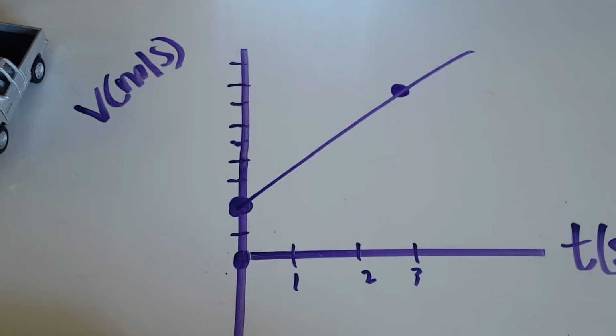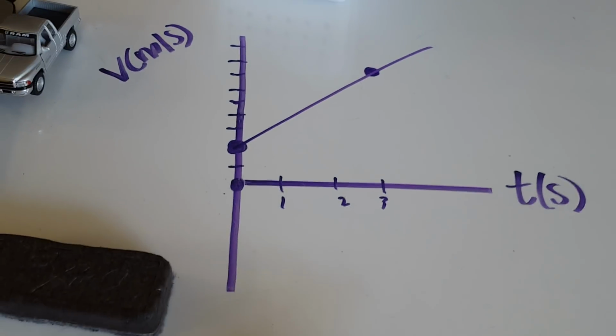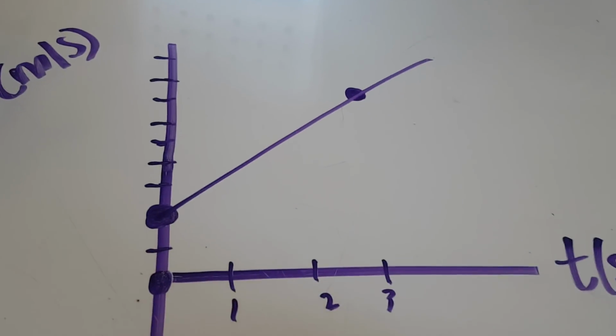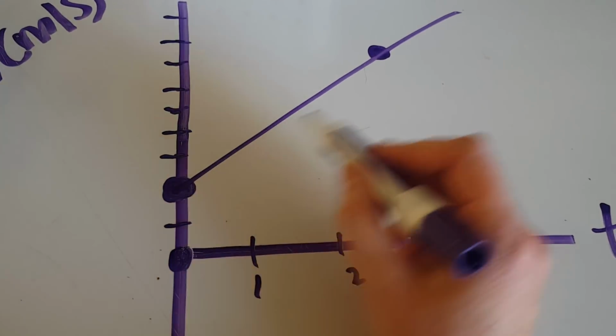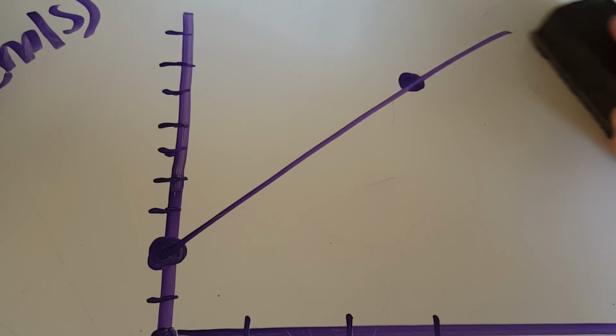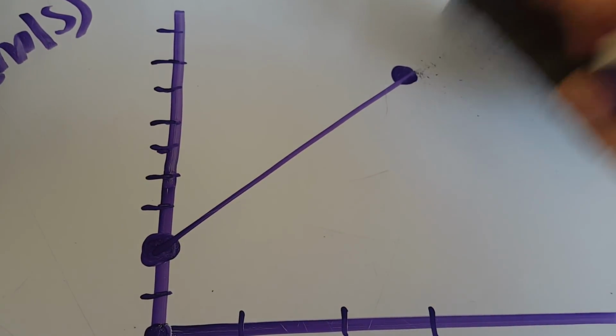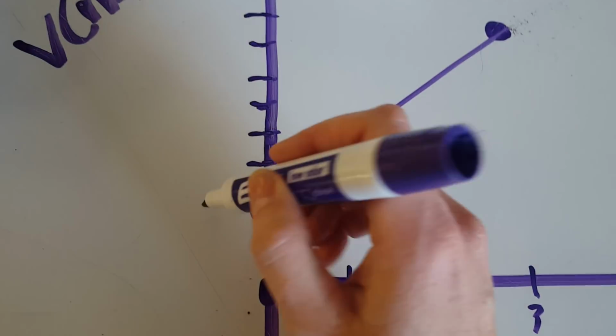All right. So this is what this scenario looks like. My truck took 3 seconds to go from positive 2 meters per second to a positive 8 meters per second.